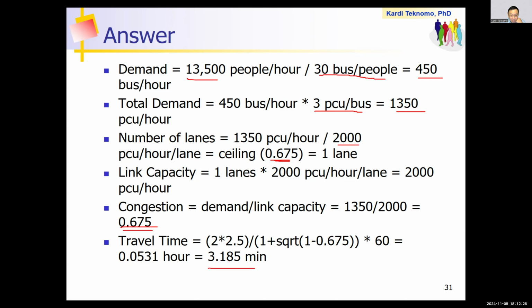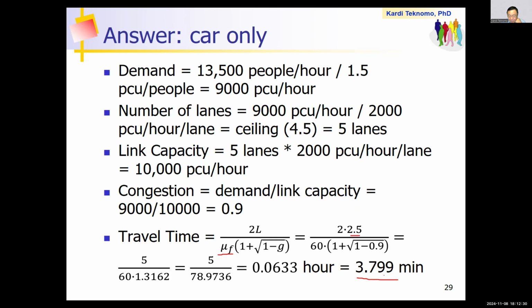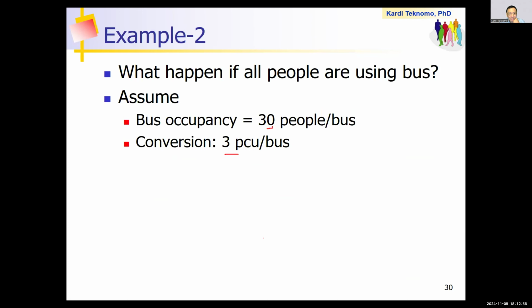This is just 3 point something minutes, and here is also 3 point something minutes. The difference is not so much in terms of travel time, but in terms of space, the number of lanes matters so much. Of course, if you put the same number of lanes, 5 lanes, then the difference of travel time drops a lot. And you can calculate by yourself.